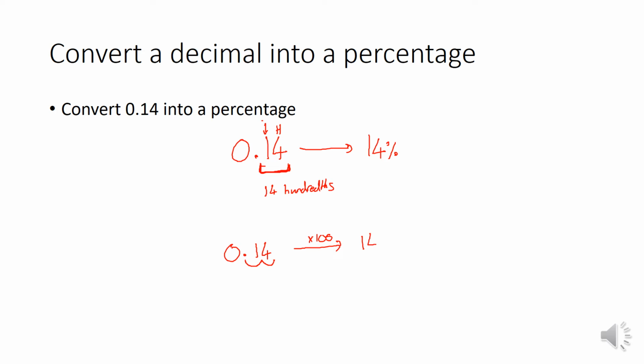So that gives us 14.0%. Well, 0.0, we don't need to put that, so it's just 14%. So you can see both methods get you the same answer. There's thinking about its hundredths, or there's timesing by 100. I think I prefer this method because it's a little bit quicker. Just timesing by 100, you move the decimal point 2 places to the right, and that tells you your answer.